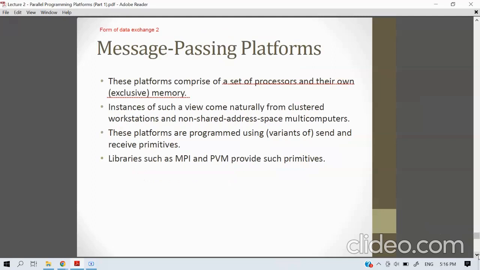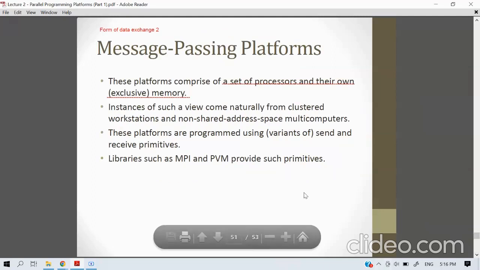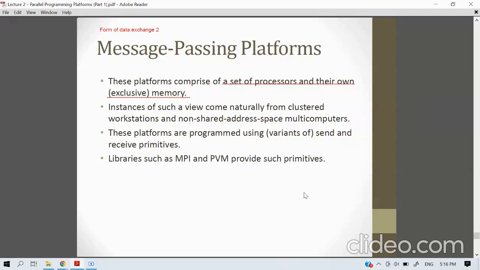All right. The second approach on how to make communication between the data and the processors during parallel processing is called the message passing platform. These platforms comprise a set of processors and their own exclusive memory. Each of the processors has its own memory.